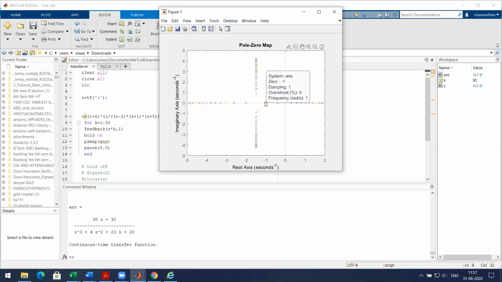This pole and this pole met here, and then it is going to infinity. So 2 poles are going to infinity, and 1 pole is going to a 0. That is what you are able to see here.